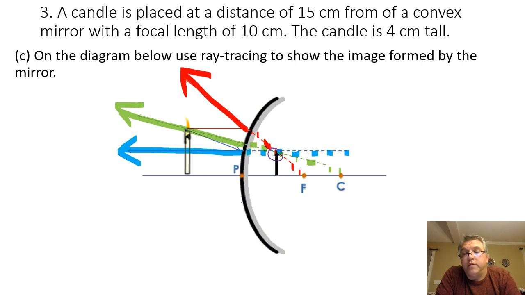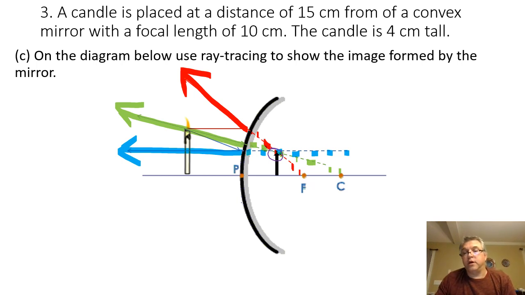All of my reflected rays appear to emanate from that point, and it is that point where my image is. And because all of my incident rays were drawn from the tip of the candle, or if we use an arrow, the tip of the candle, that means that all of the reflected rays are going to represent the top of that image as well.